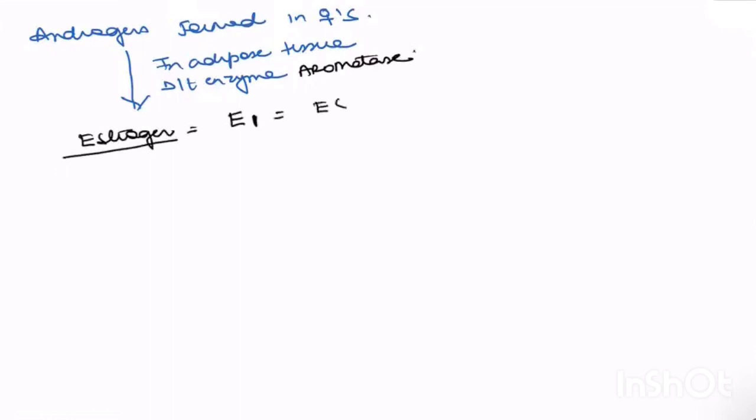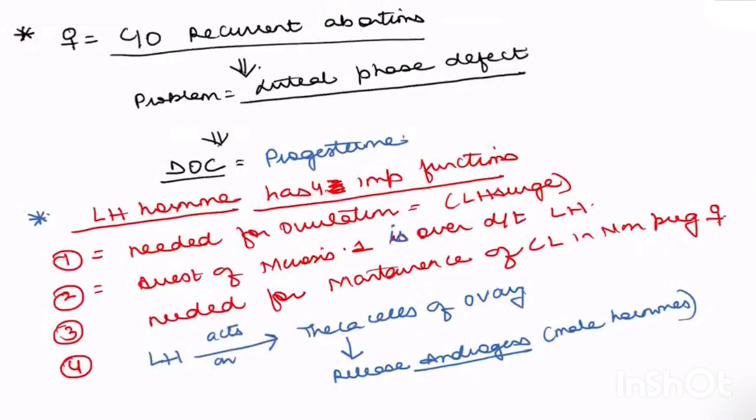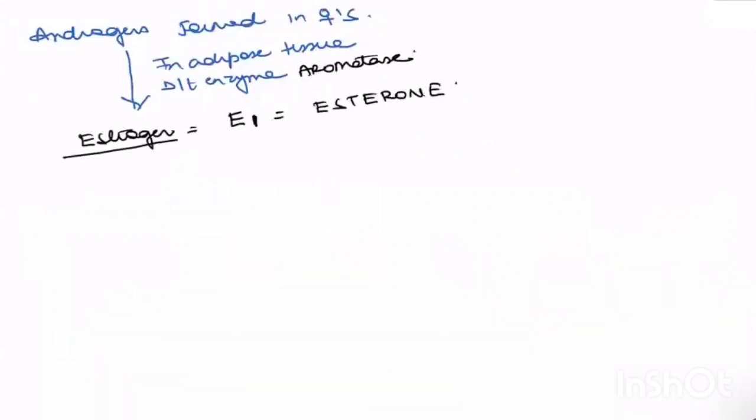E1, estrone. Clear? So LH acts on the theca cells of the ovary, and in every female from puberty onwards androgens will be formed. So the ovary also makes androgens, and whatever androgens are formed in females go to the adipose tissue and get converted into estrogen with the help of the enzyme aromatase. Clear? All these points clear to all of you?